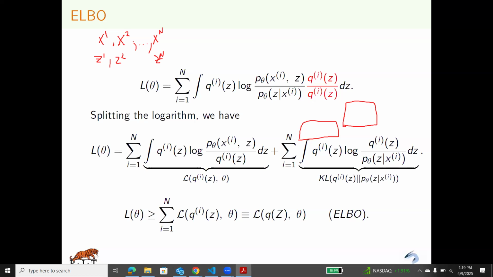So I will have joint probability of x and z over q, and q over conditional probability here. And these two terms have special names. The last term is known as Kullback-Leibler divergence.